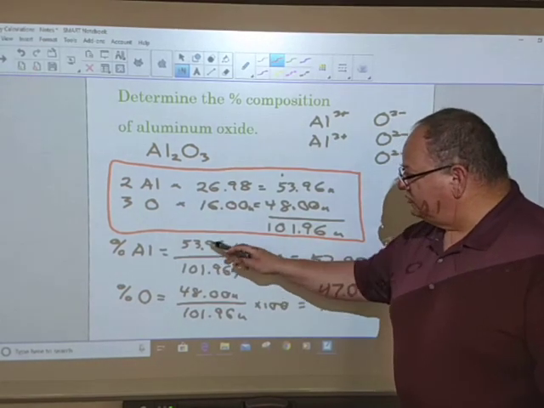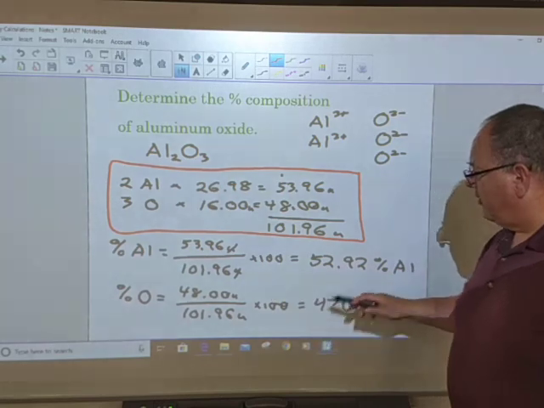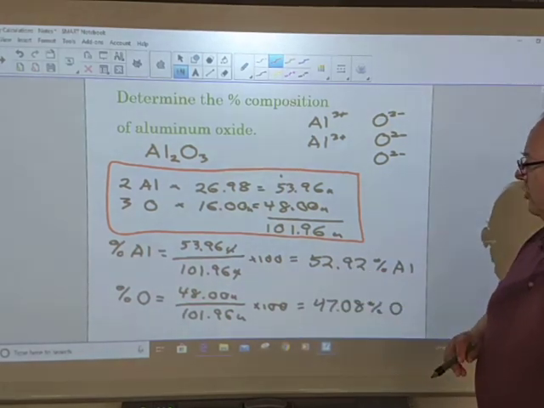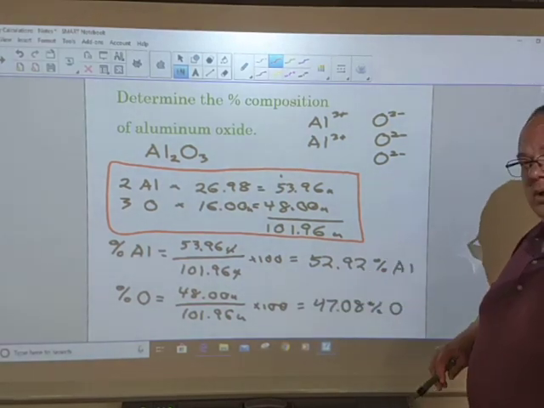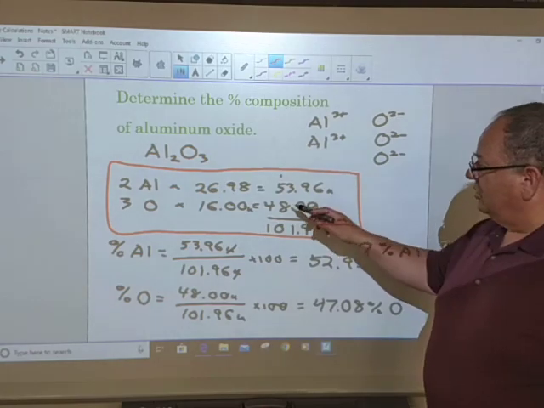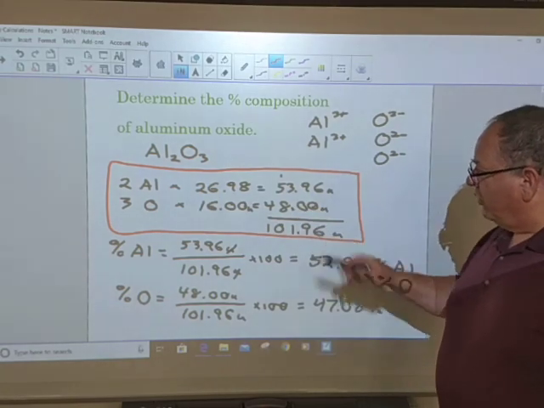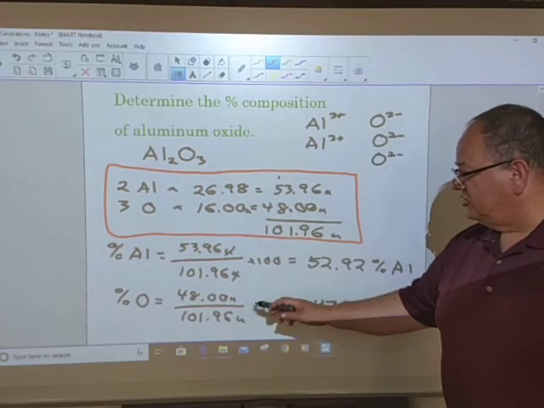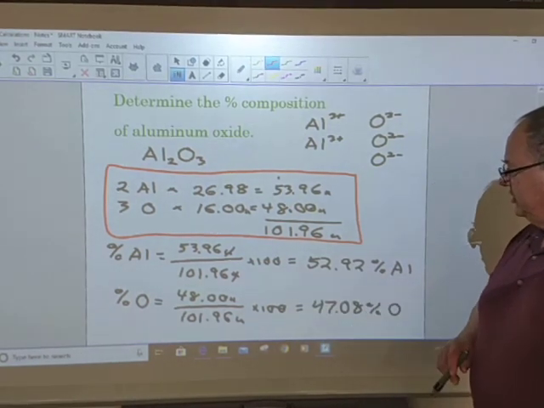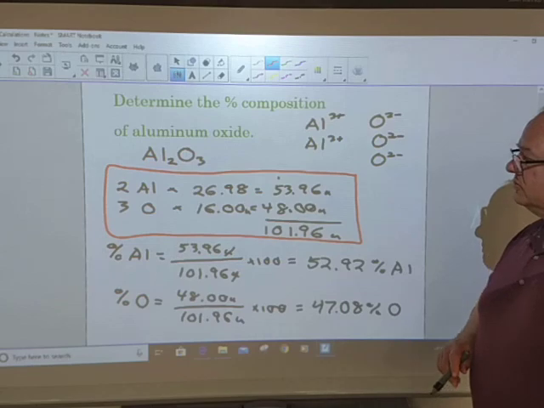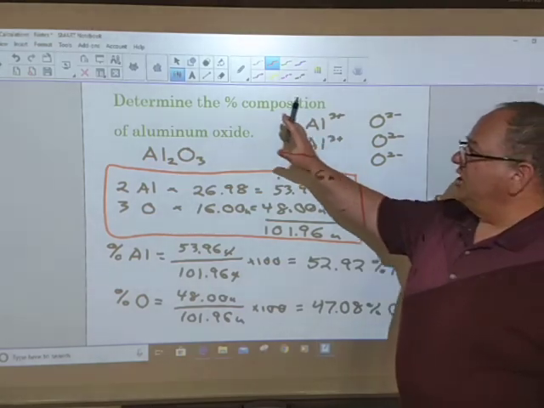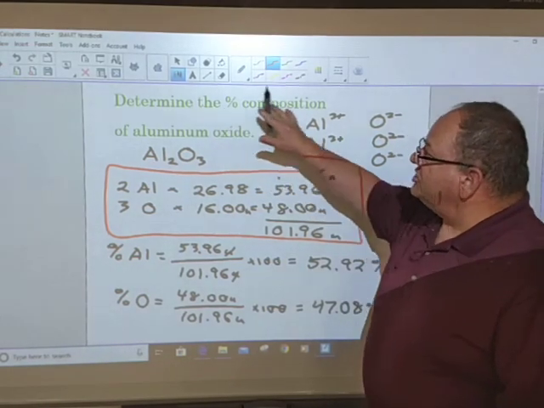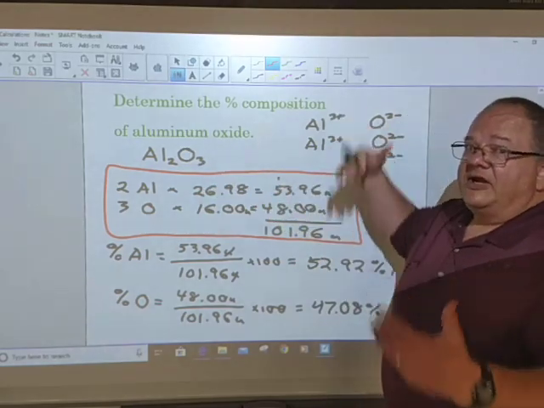So when I set that up and multiply by 100, I come up with 52.92% aluminum. And for the oxygen, I just took 48 units of the 101.96 units. Make that ratio times 100, 47.08% oxygen. So percent composition of aluminum oxide, if it is worded like that, means you have to find all the elements.